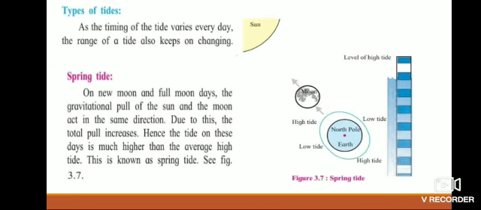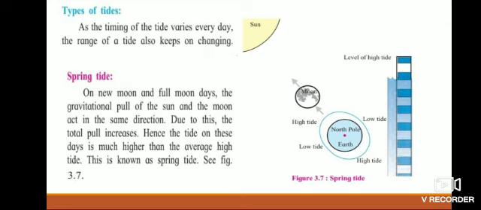Now there are types of tides. As the timing of the tide varies every day, the range of a tide also keeps on changing. Now it is not necessary that every day at the same time we will get high tide. A little difference occurs. First type of tide is spring tide.